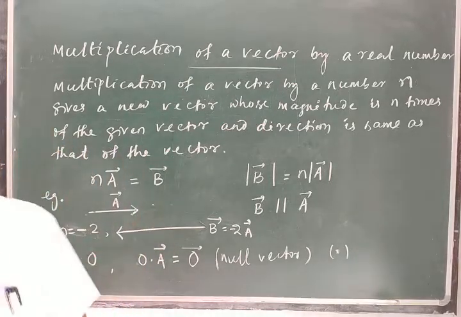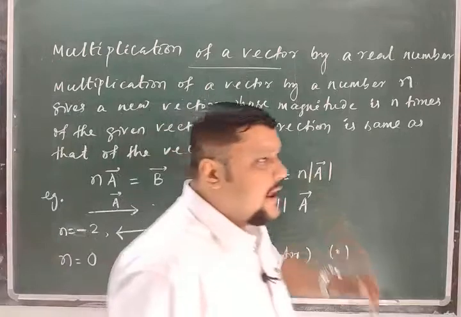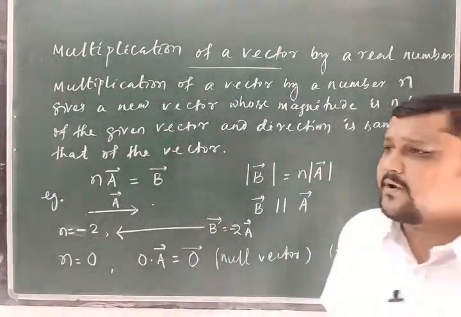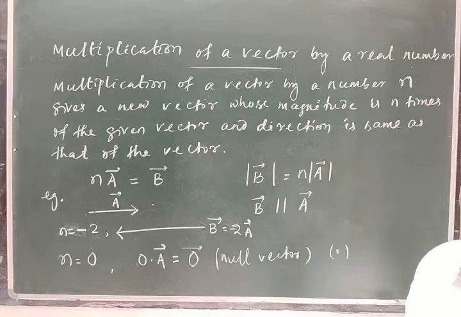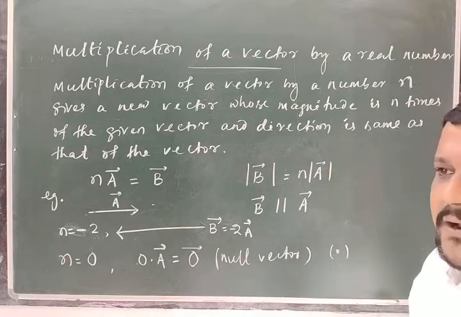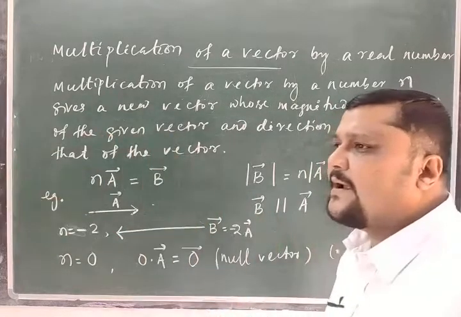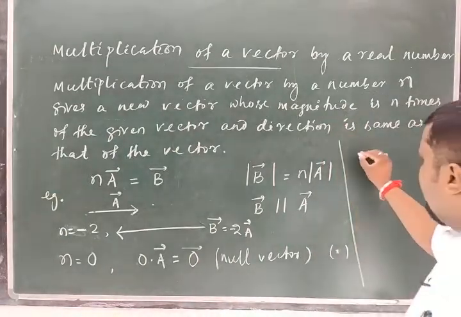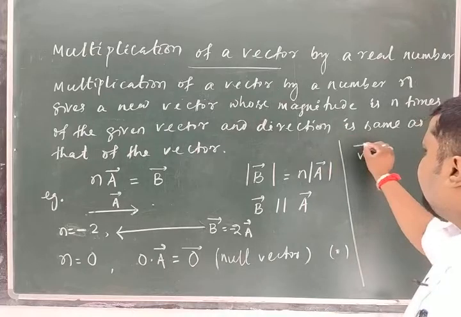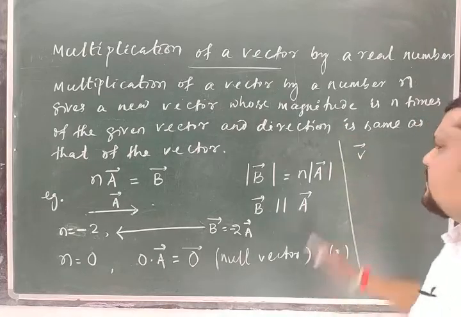Remember one thing: when you multiply a vector by a real number, it does not change the unit of the vector, which represents the physical quantity. As we know, velocity is a vector quantity.